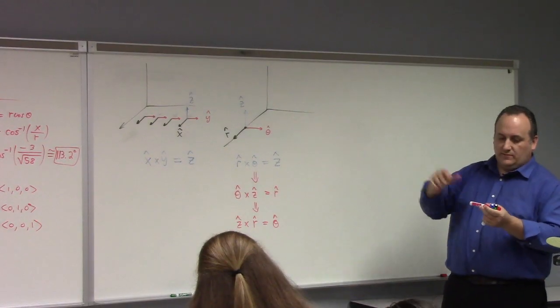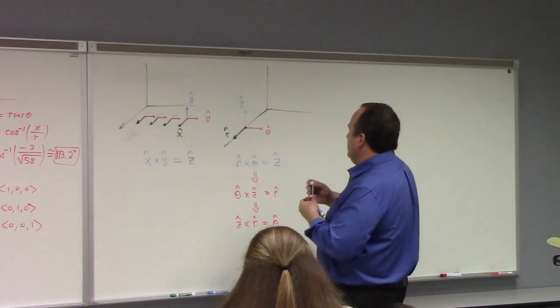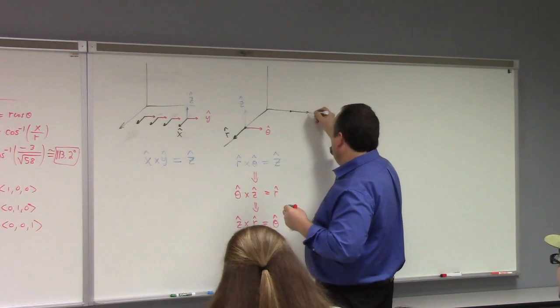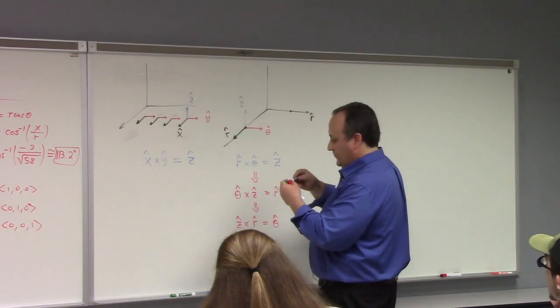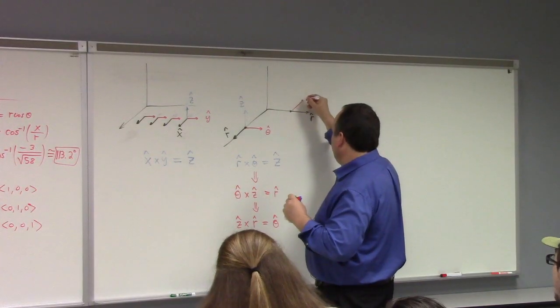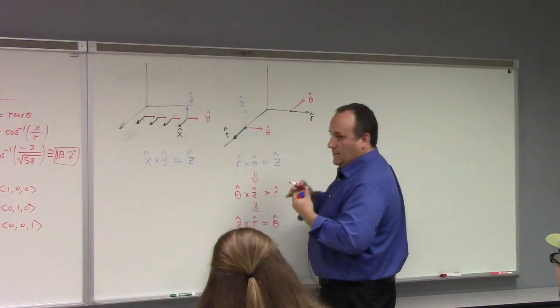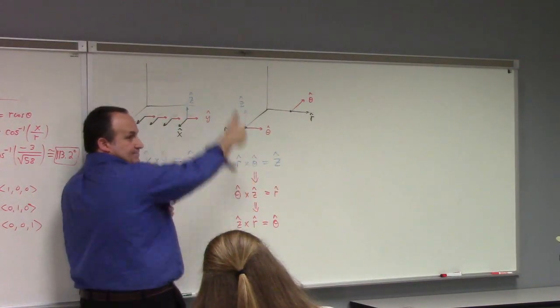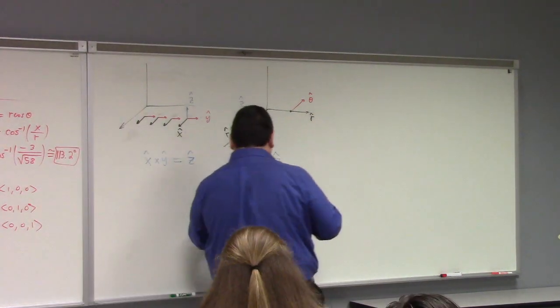Now, listen, let me draw another picture here. So here is the other place I can draw it decently, sort of. Here's my r, and theta points into the board there. Think about it again: r hat crossed with theta hat is z hat. It doesn't happen at just that one point.